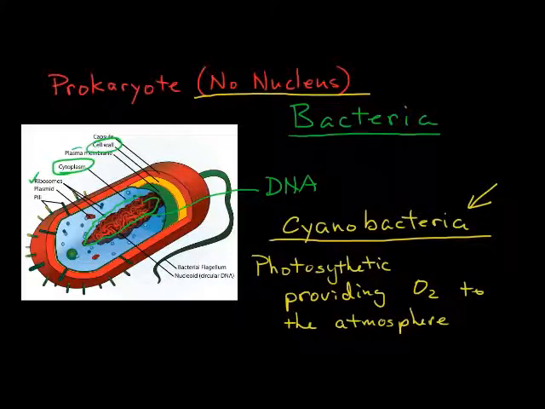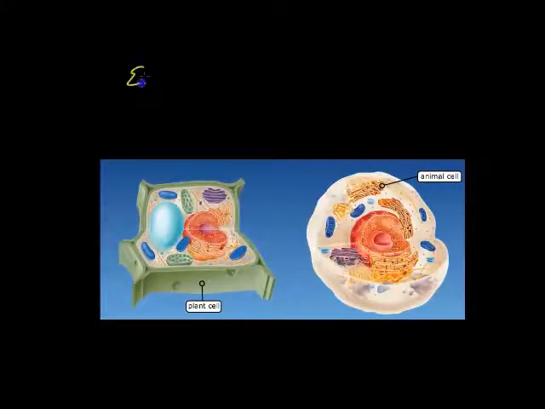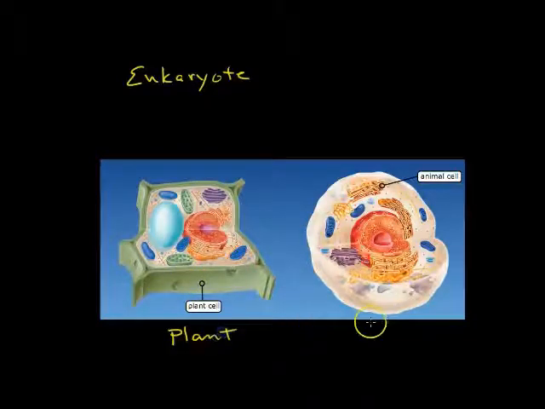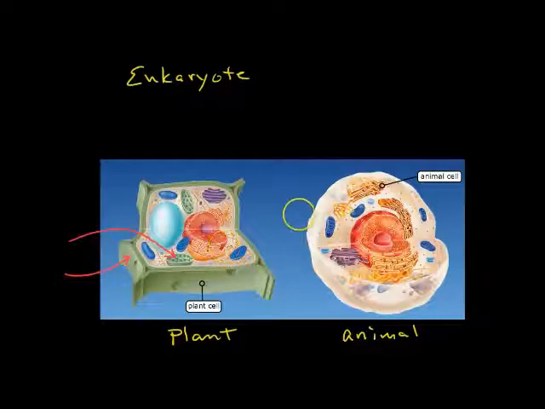Okay, moving on. Here we have two examples of a eukaryote. We have a plant cell and an animal cell. And you'll see the differences, and we'll talk about the differences at another time. But basically, just visually, you can see that the plant cell has a cell wall, and it has something called chloroplasts that help do photosynthesis.